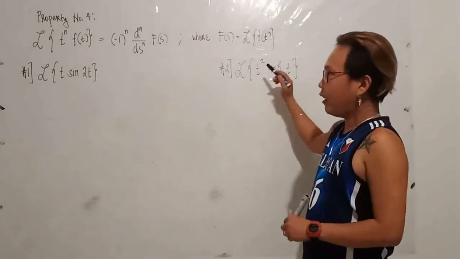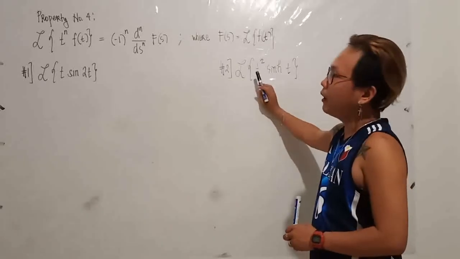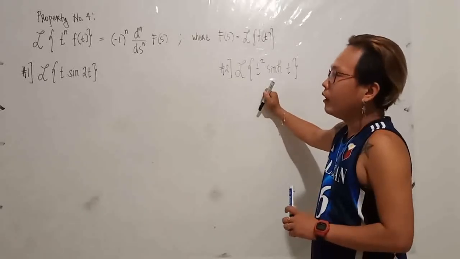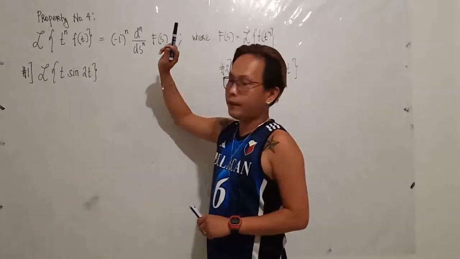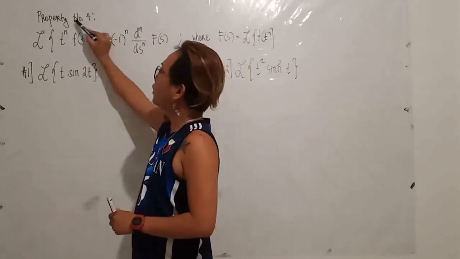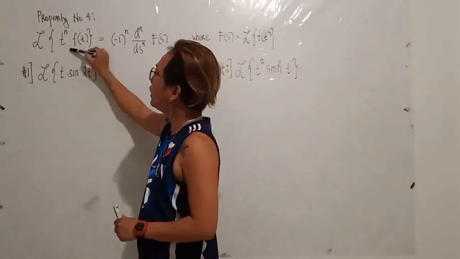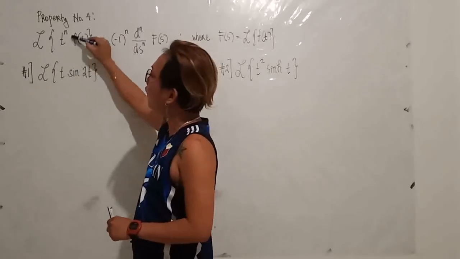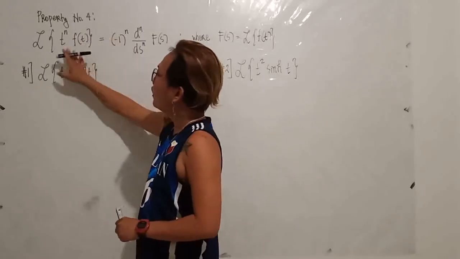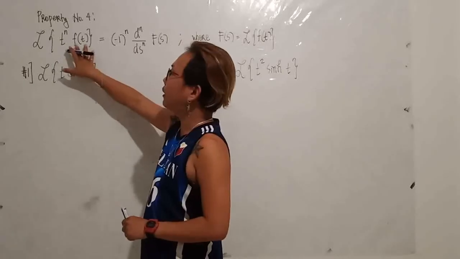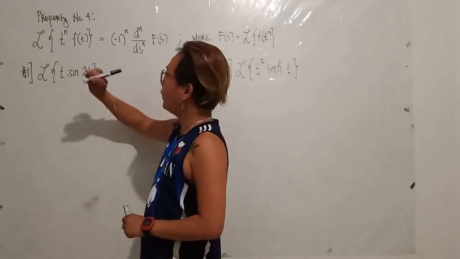Okay, we have property number 4 for the Laplace transform, wherein if the function has this form, where you have t raised to n, then the part that goes with t raised to n will be treated as f of t.